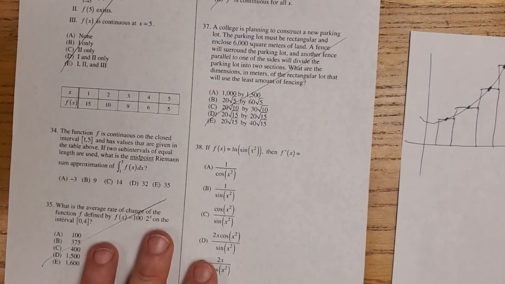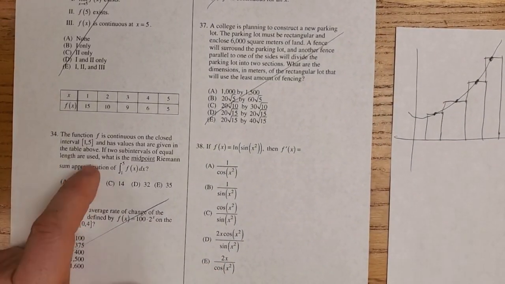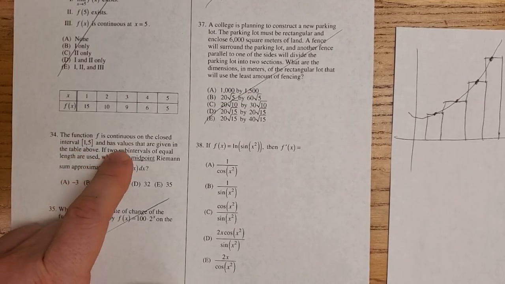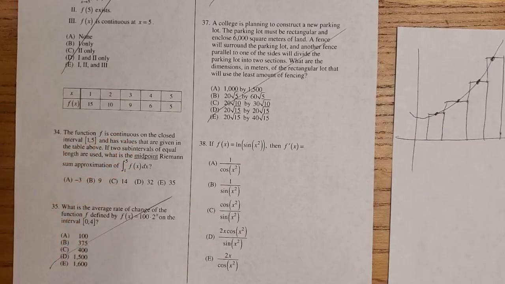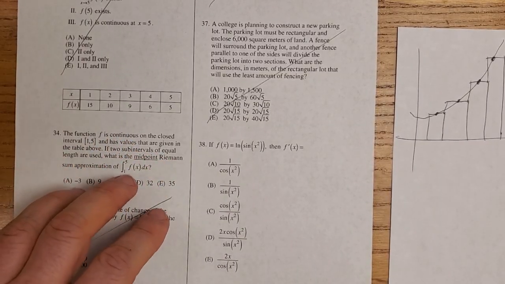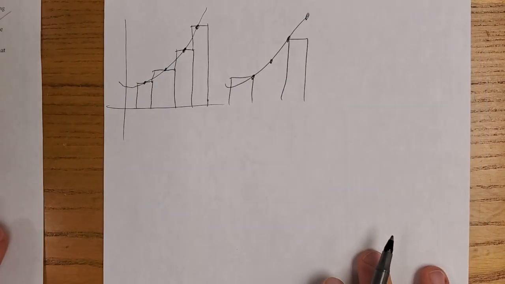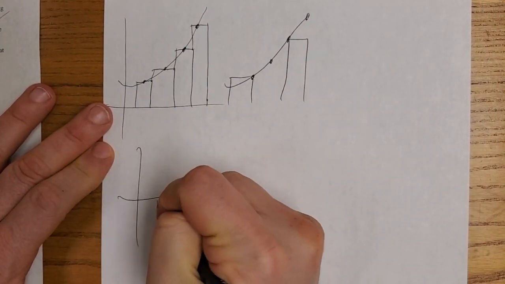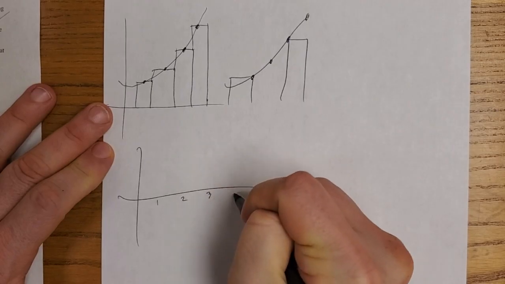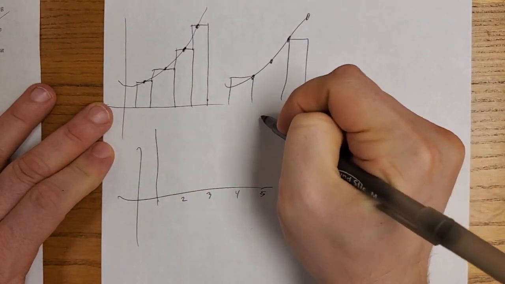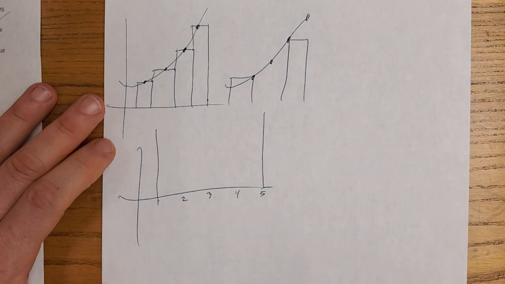So let's examine what it's asking us again. We have the interval from 1 to 5 and two subintervals, meaning two rectangles of equal length, because with the Riemann sum it's always going to be equal length. So we have 1, 2, 3, 4, 5, and the interval we care about is 1 to 5.